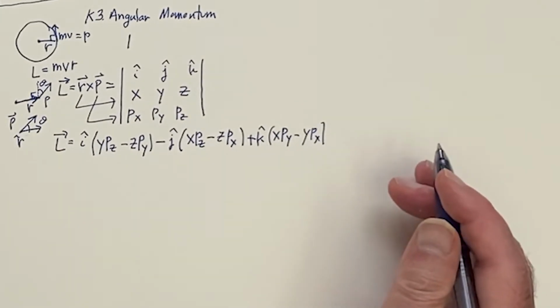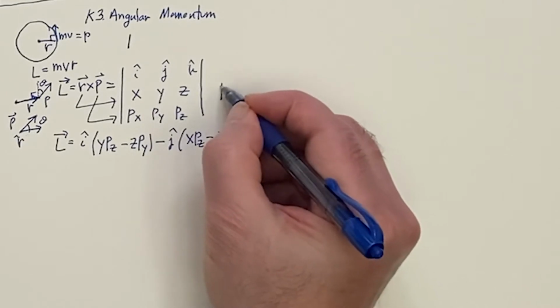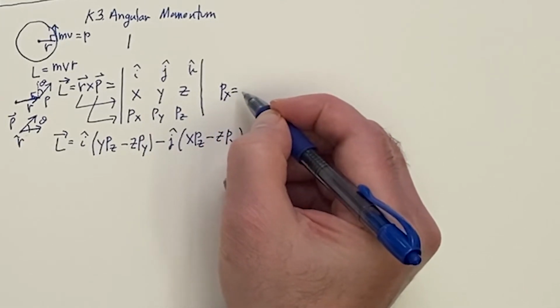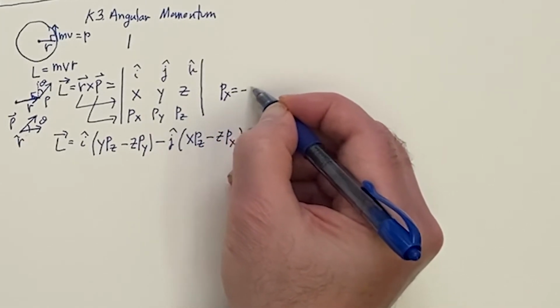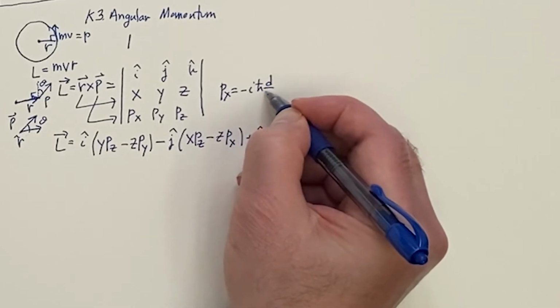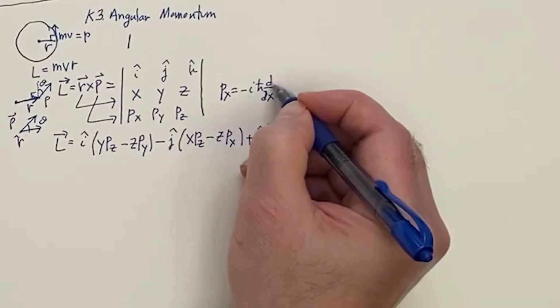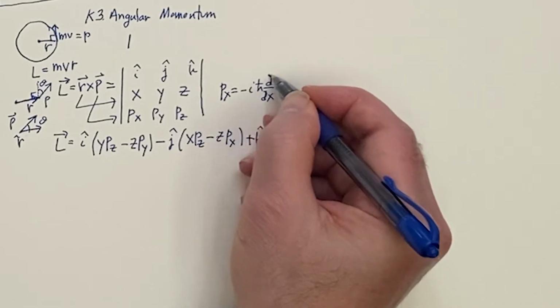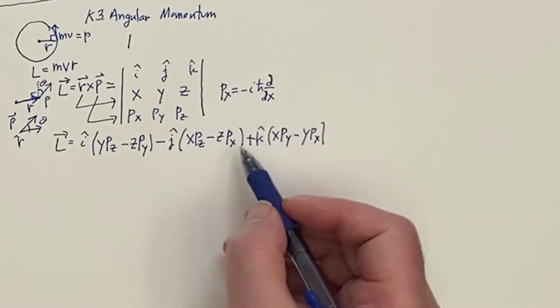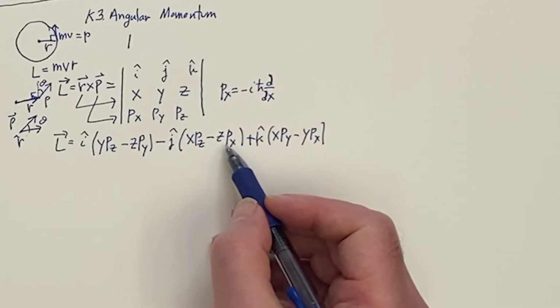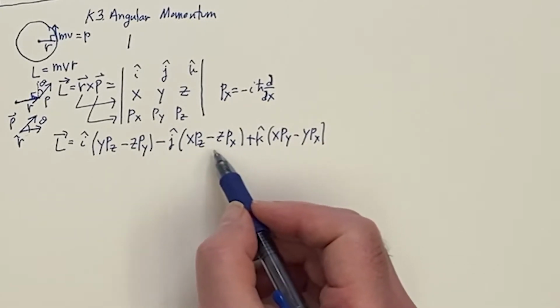Now, since these are all different, like y and z and all that, the order doesn't really matter, because your px, for example, is going to be equal to minus i h bar d dx. Probably should put a partial there since there's more going on here. And here, this is z, so z and x, see, so the p's are derivatives.